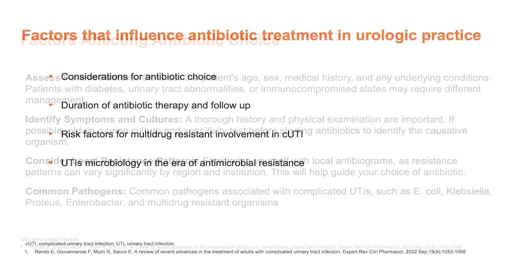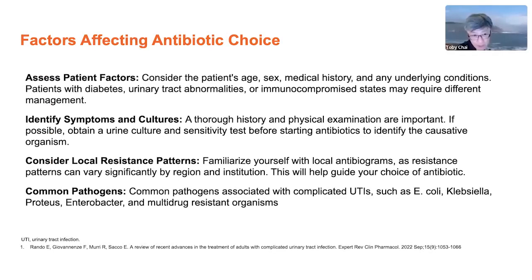Next slide. So I think these are the different domains that we should all think about when we try to figure out what antibiotic to use. Patient-related factors: age, sex, medical history, any underlying medical conditions.